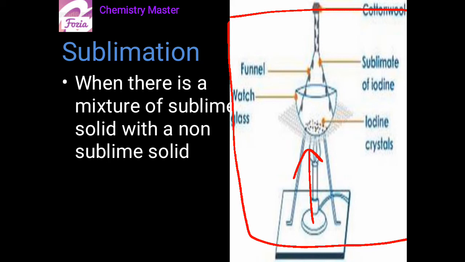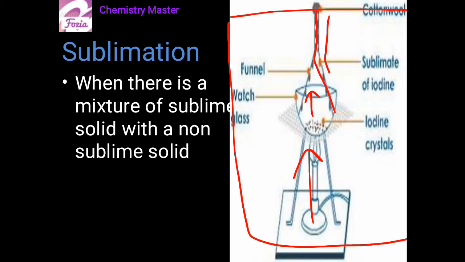So when we heat the mixture of iodine and sand, sand is non-sublime, it will not melt and it will not vaporize, but iodine is a sublime solid, it will produce its vapor and leave the mixture, and these vapors will collect on the inner wall of the funnel.